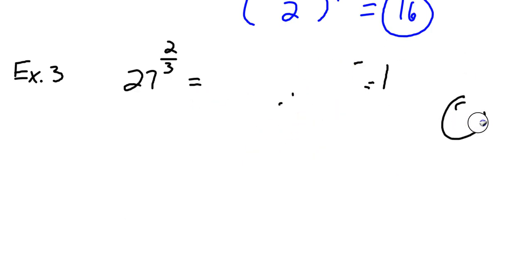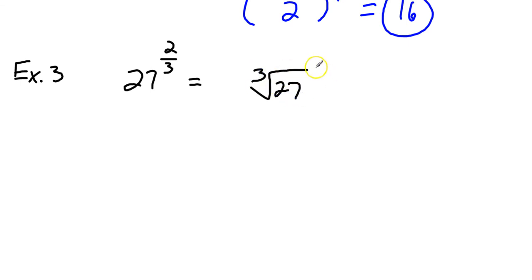Okay, so for this one, we're going to start off the same way. If you rewrite it first, you're going to have the third root of 27, and we're going to square that. If you take the 27 and break it down, that's 9 times 3, which is 3 times 3 times 3.